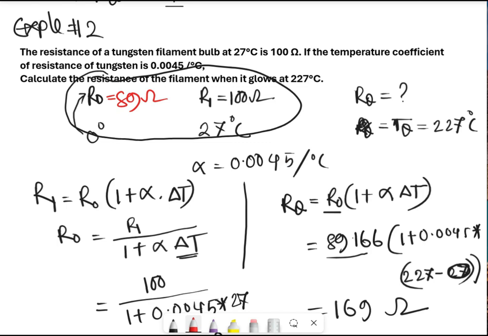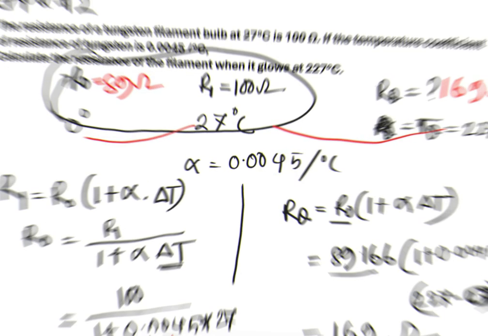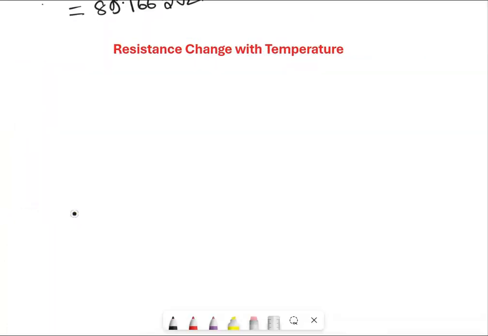So the temperature increased up to 27, it becomes 100, and with more temperature up to 227, the resistance becomes 169 ohms. Hope you understand. If any question, please give a comment in the comment section.